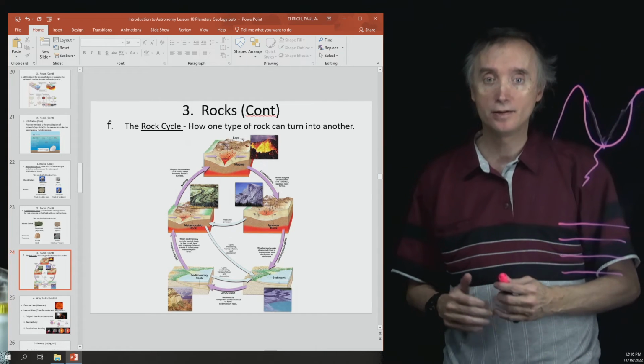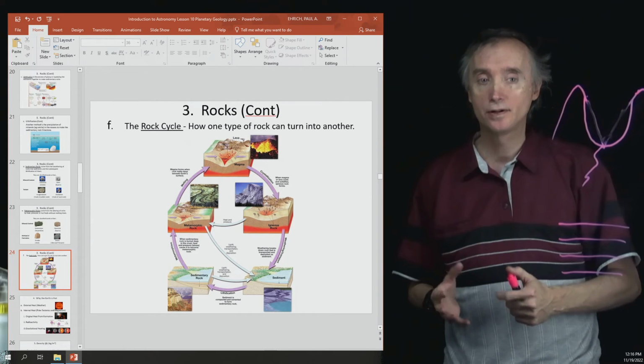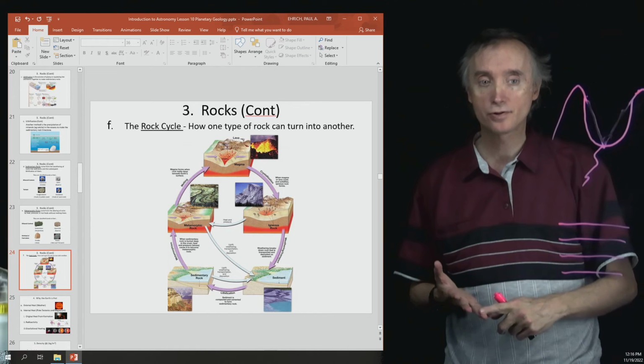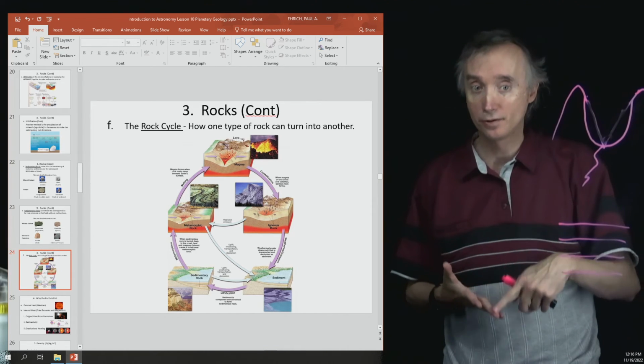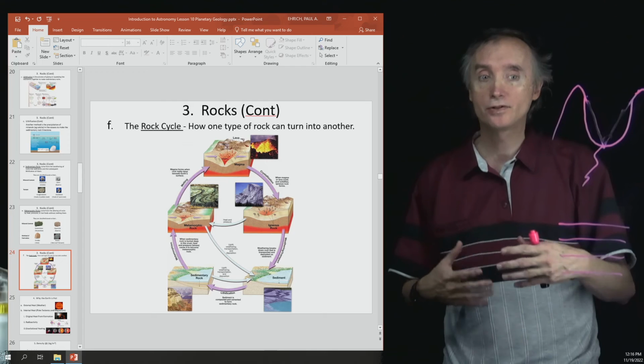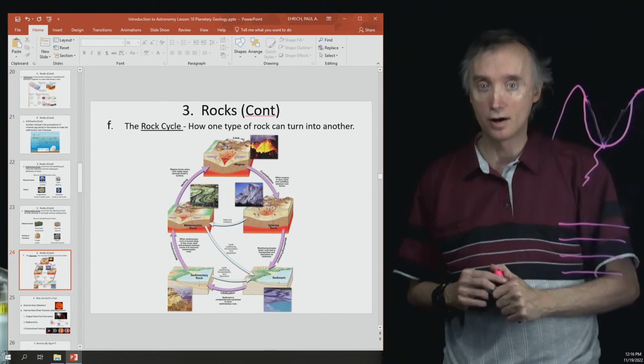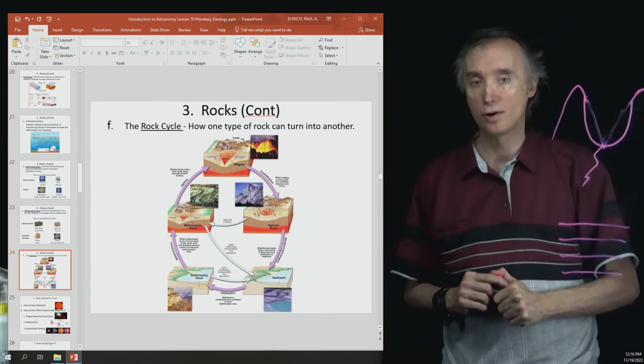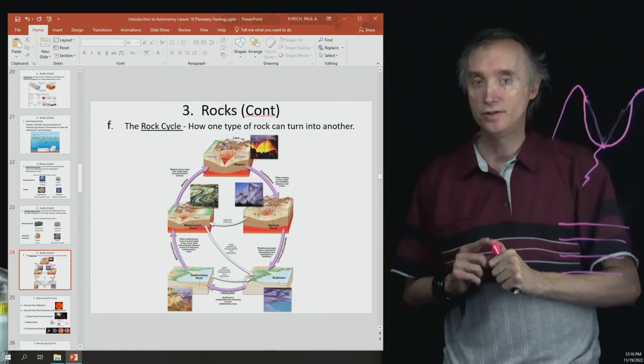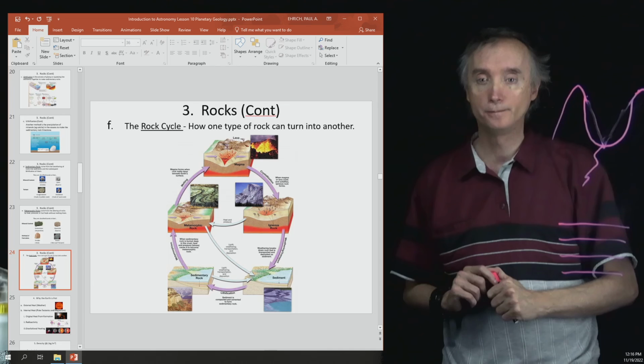So notice that given the right temperatures and pressures and minerals, you can basically turn any kind of rock into any other kind of rock. And so this is called the rock cycle. So you definitely need to know the rock cycle.